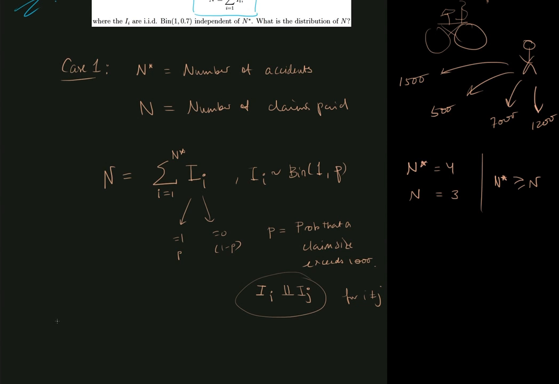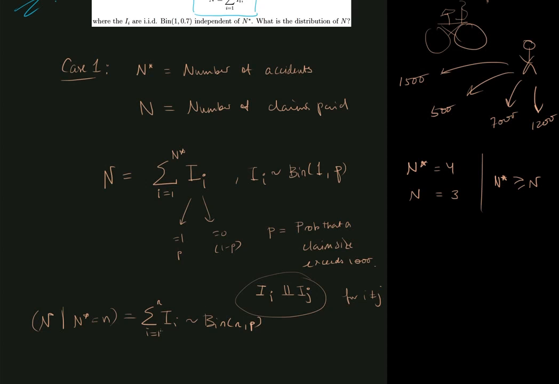Well, this tells us that N, given that N star is some value little n, is the sum of I_i for i going from 1 up to little n, right? This is the sum of IID Bernoulli variables. So that means that this is binomially distributed with parameters n comma p.